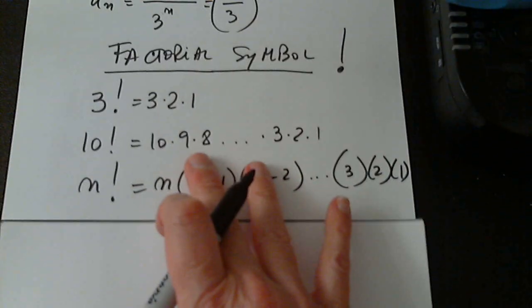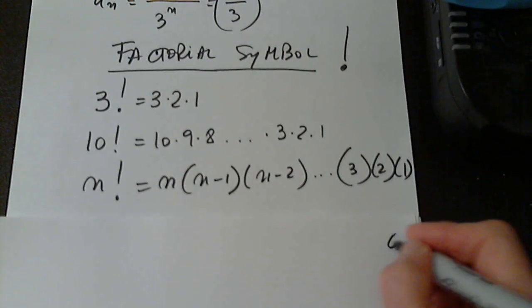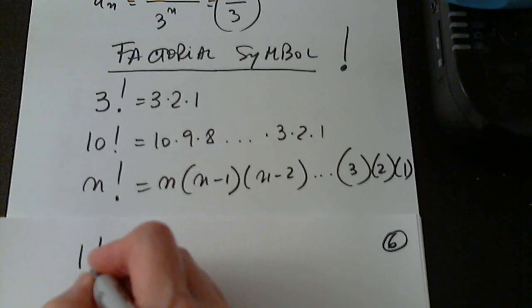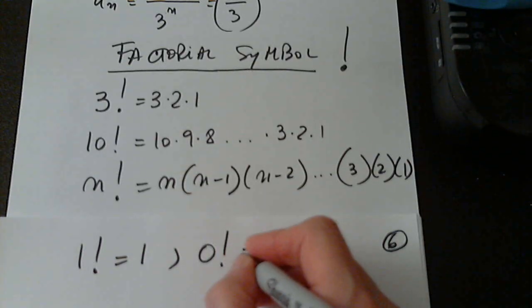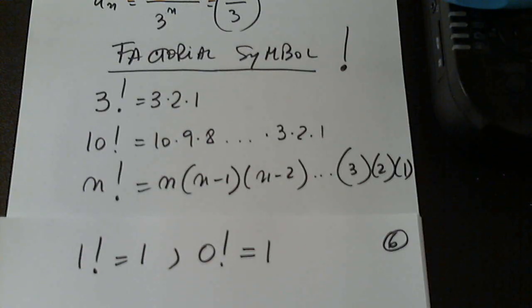Now, you may or may not like this, but 1 factorial is 1, and 0 factorial is also 1. Okay?